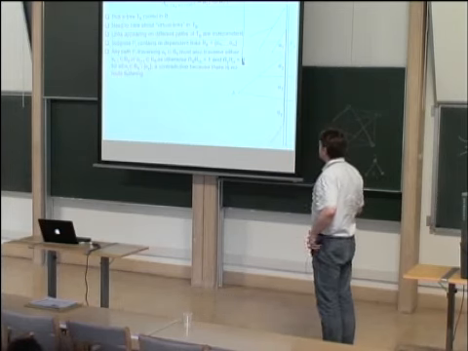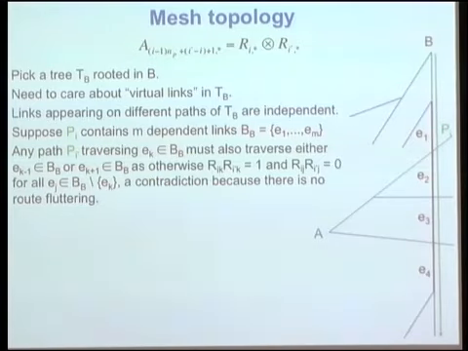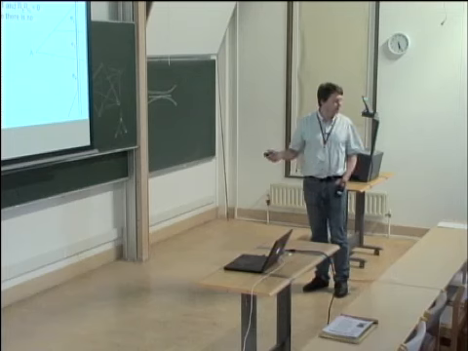You make an observation that you will use repeatedly: all these links belong to a single path, which is Pi, and any other path, Pi prime, that traverses one of these links must also traverse either the link of this dependent set which is located before or after. There might be other links which are not in the dependent set in between. The thing is that we can order them since they are on a single branch here rooted in B.